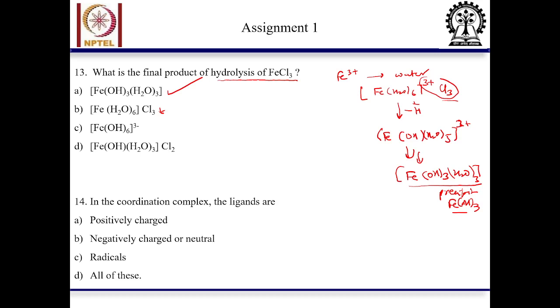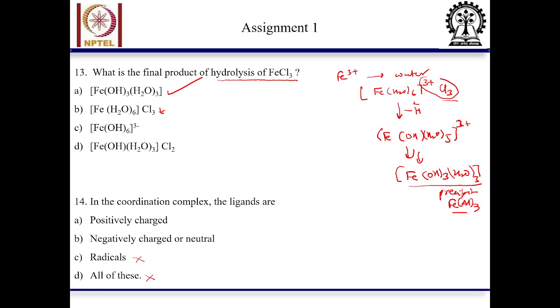In coordination complexes, the ligands are. So the D answer is incorrect, because till now there are no reports of radicals forming coordination complexes.